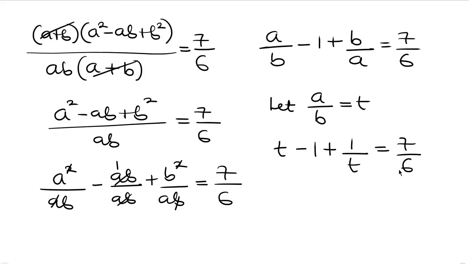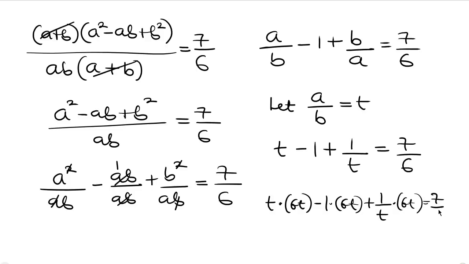So now let's remove fraction by using the LCM to multiply through. The LCM is 6t. So I'll use 6t to multiply through. So I have t here. I'll be multiplying that by 6t, minus 1, I'll be multiplying that by 6t, plus, this is 1 over t. I'll be multiplying that by 6t, equal to, this is 7 over 6.